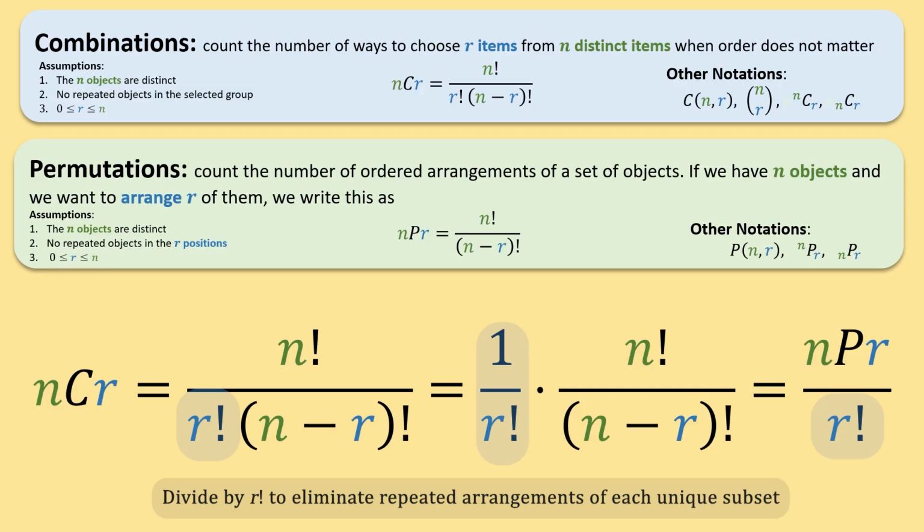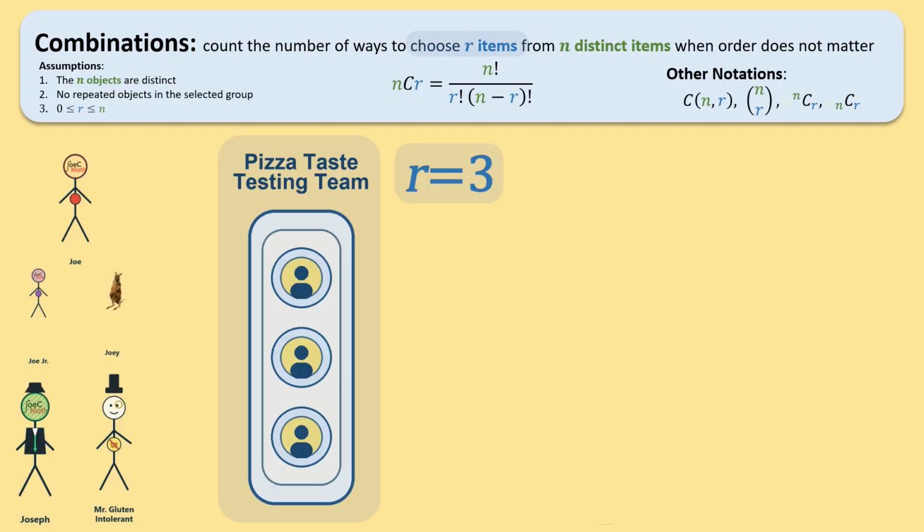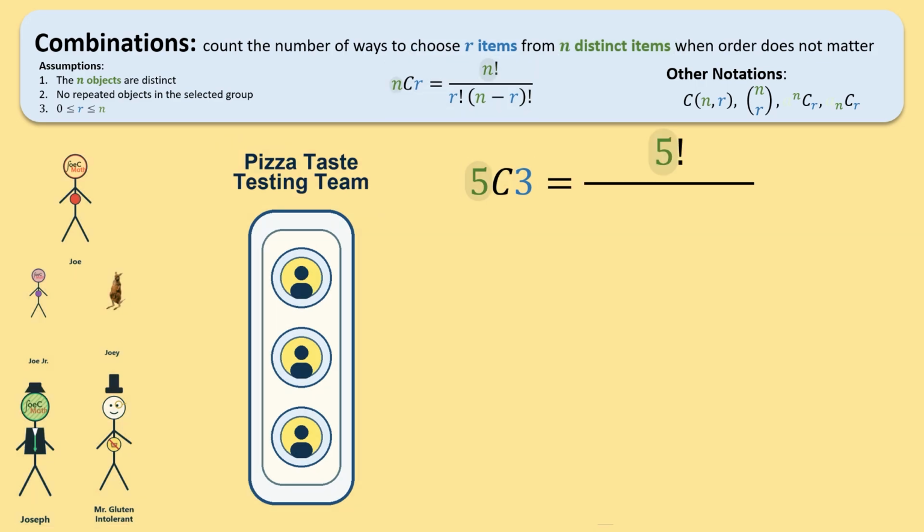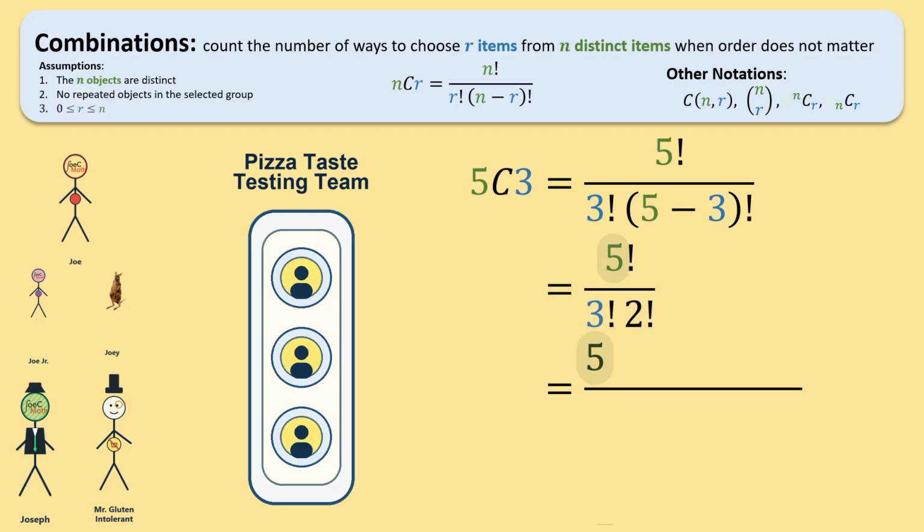In our example, we have 5 people and we are choosing 3, so 5C3. Using the formula, we get 5 factorial divided by 3 factorial times the quantity 5 minus 3 factorial. That becomes 5 factorial divided by 3 factorial times 2 factorial. Writing this out, we have 5 times 4 times 3 times 2 times 1 divided by 3 times 2 times 1 times 2 times 1.